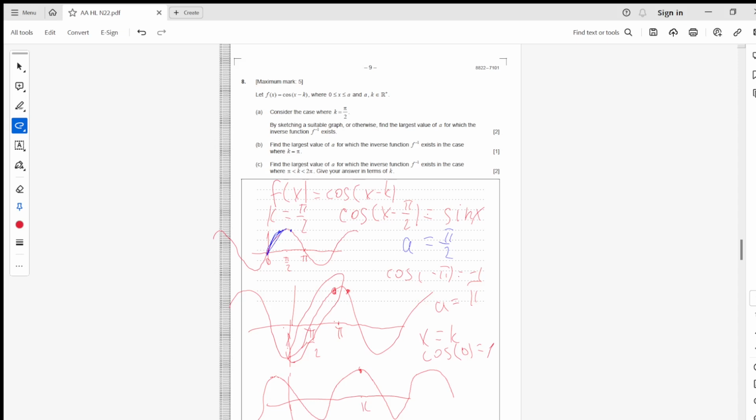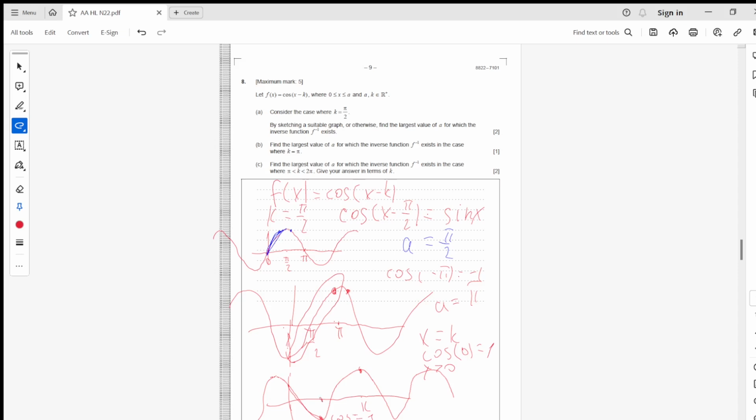And as we can see, also x is greater than 0. We can only make an inverse from x0 to this minimum when cosine is equal to -1.